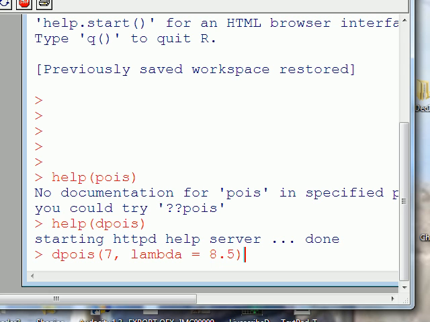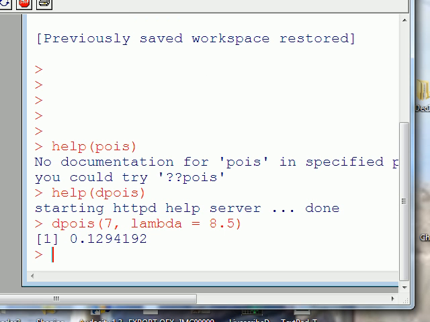Sometimes you don't have to write the lambda equals. Some people will write these commands and just put the numbers in order. I think it's a very dangerous thing to do. It's better to label stuff. Right now I'm not labeling this. I'm not giving it a value because all I want to do is see the answer, and when I hit enter I get the answer. So 12.9% chance of selling 7 houses tomorrow when I usually sell 8.5.